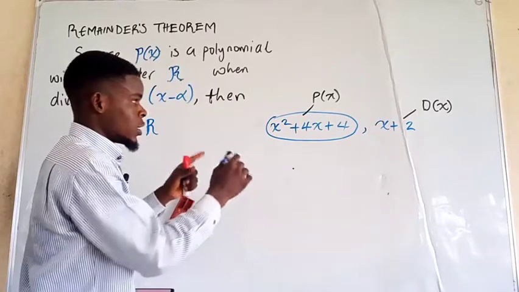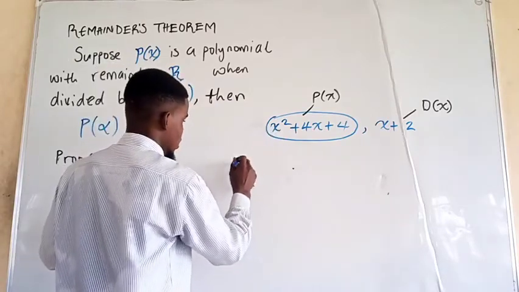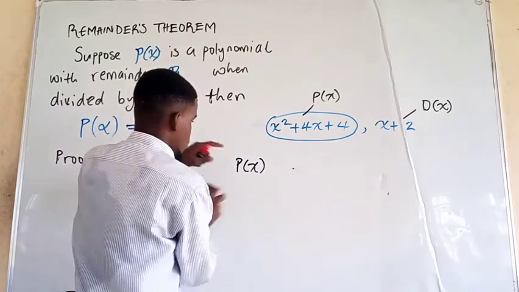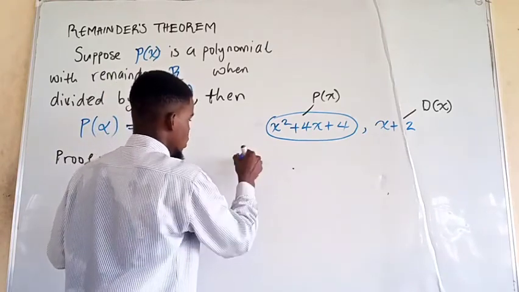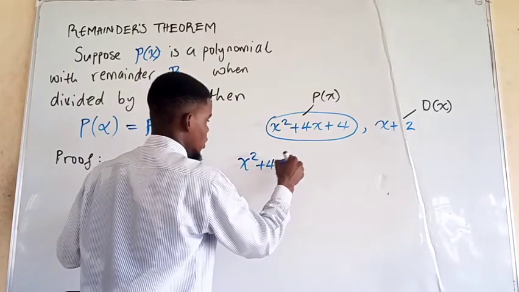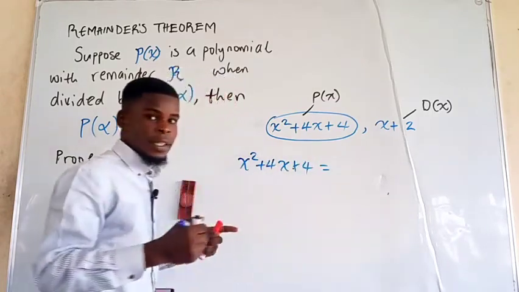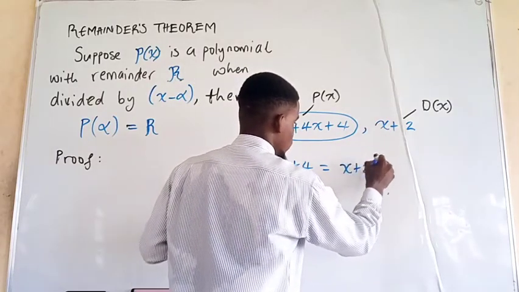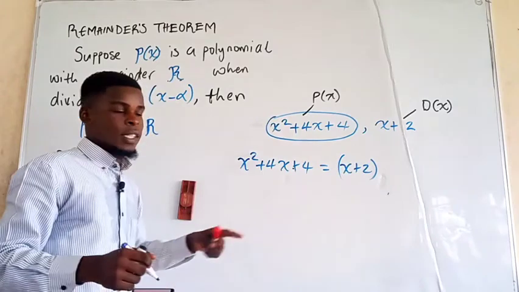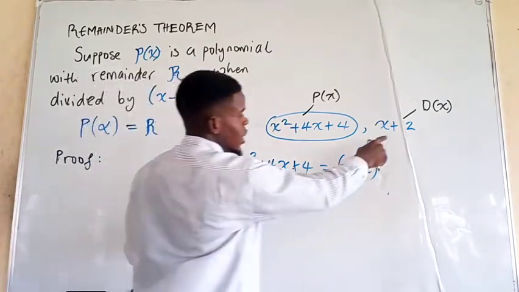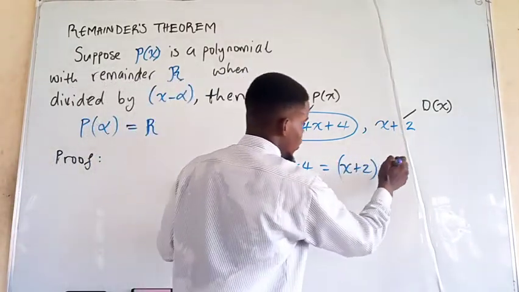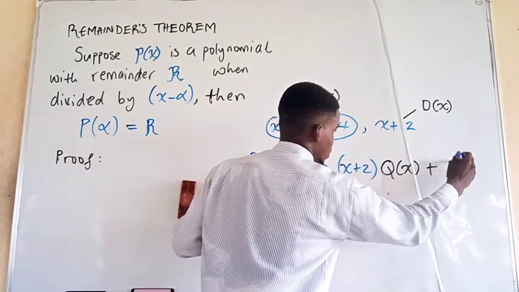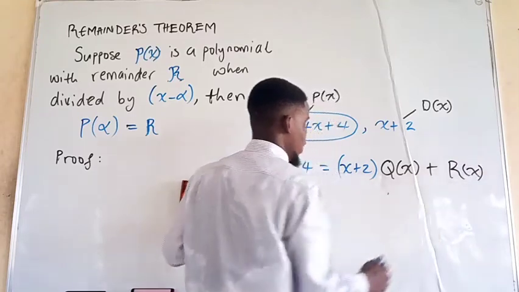Anyway, when you have p of x like this, let me use this example. This thing here, x squared plus 4x plus 4, can be written as the product of x plus 2 with the other part, x plus 2, times, now here we are going to call something, q of x, plus r of x.